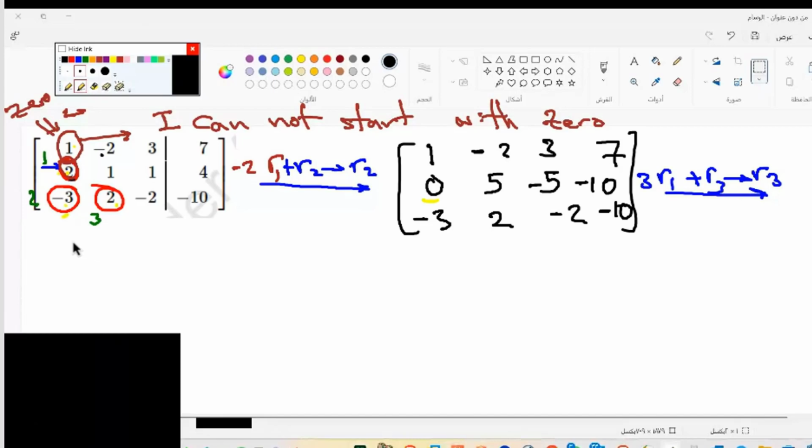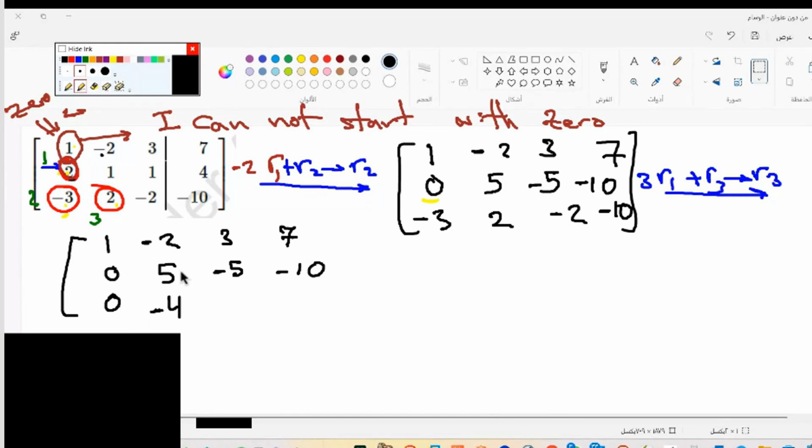No change in R1 and R2, so same: 1, minus 2, 3, 7, 0, 5, minus 5, minus 10. Now here, 3 with 1 is 3, minus 3, it is 0. Now 3 with minus 6 is minus 6, minus 6 with 2, it is minus 4. Correct?